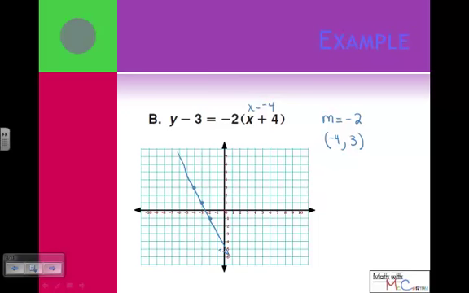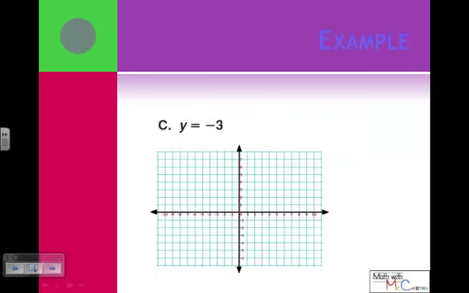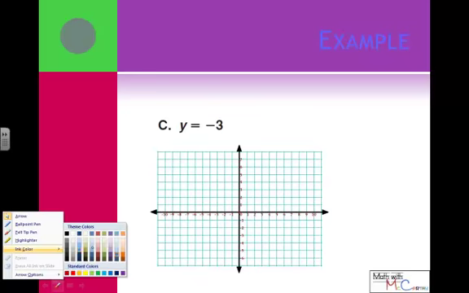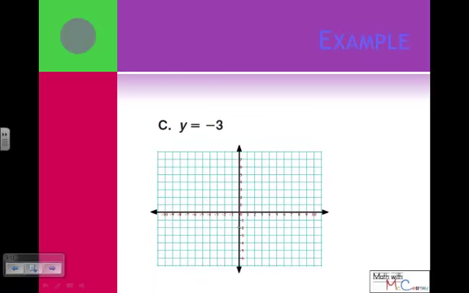We can draw the line, and there's the graph of that line. This last one here is either a horizontal or a vertical line. It's y equals negative 3, so the y-intercept is negative 3. That's here, and it is a horizontal line going straight across. y equals negative 3.